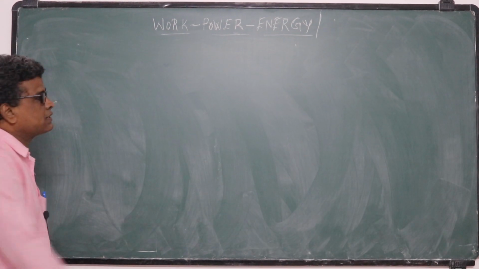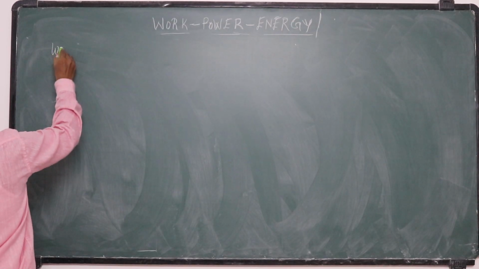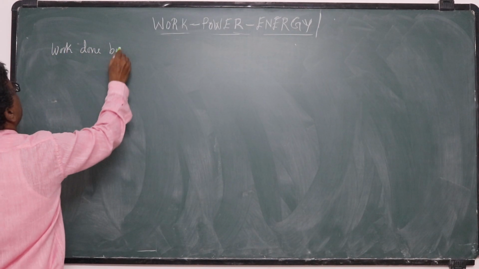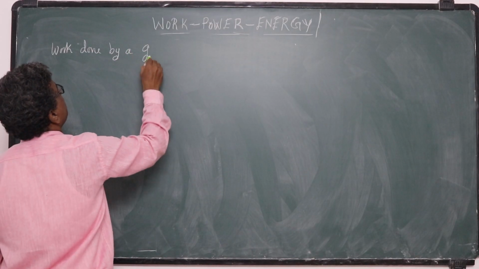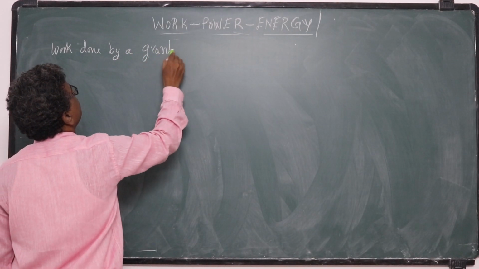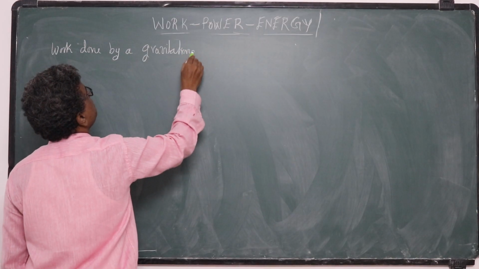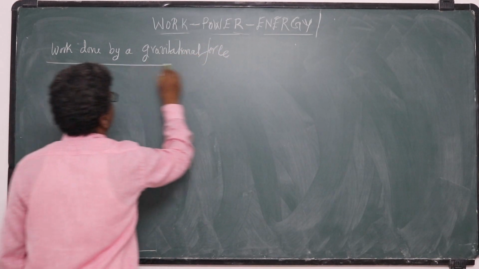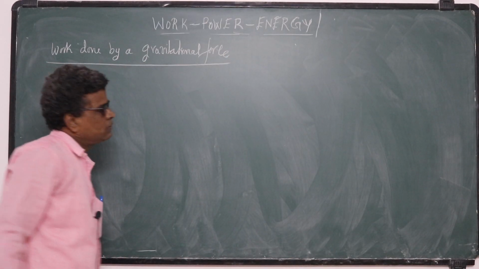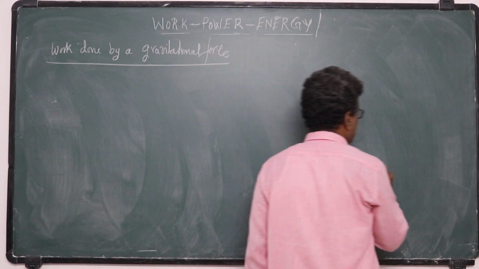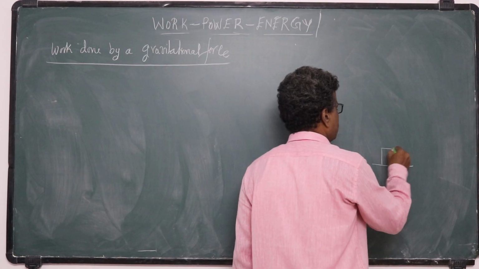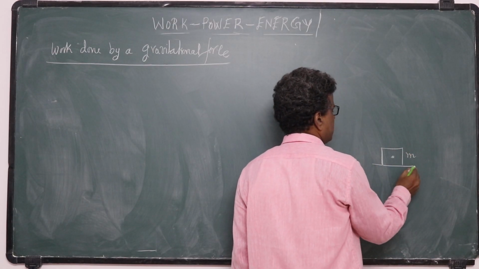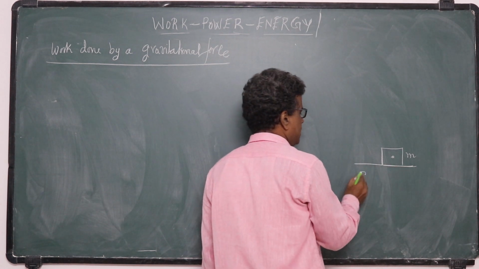The next one is work done by a gravitational force. Suppose you want to lift an object through a height h, where m is the mass of the block, on the ground.